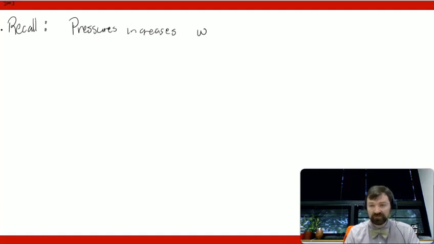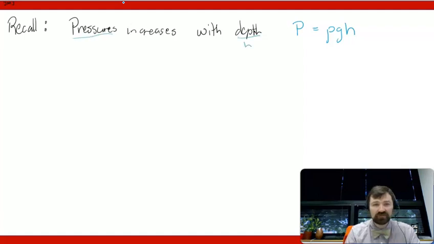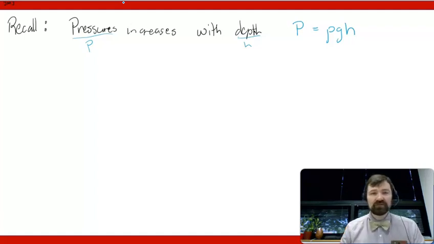If the fluid is compressible, then there may be some additional effects due to this compression, but for an introductory course we don't really consider a compressible fluid. So this equation ends up being P equals rho times g times h, where the depth is h, the pressure is P, and rho is the density of the fluid. Okay, so that's item number one.